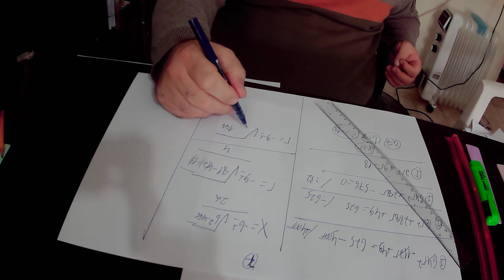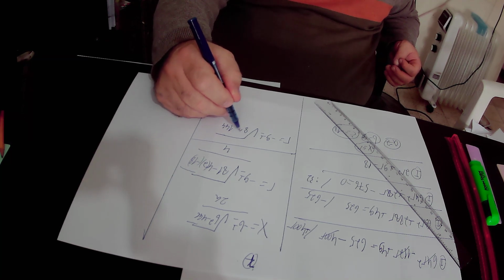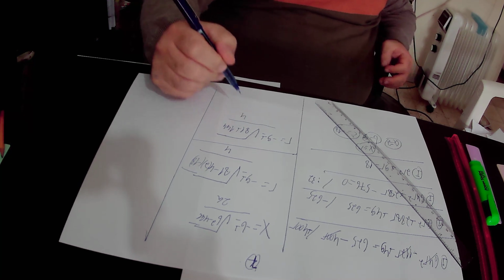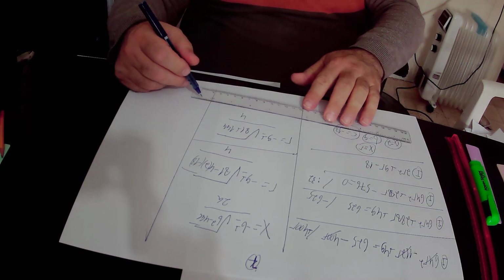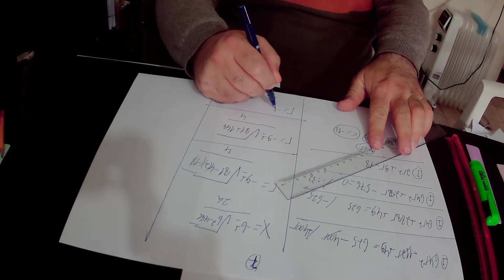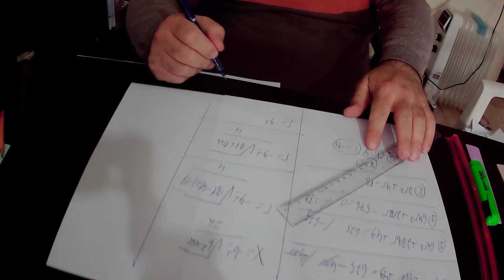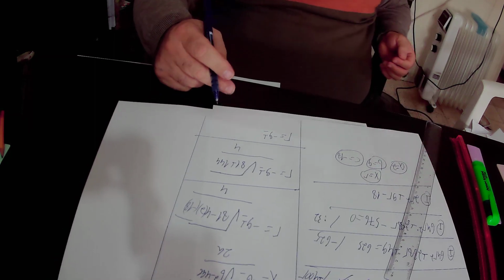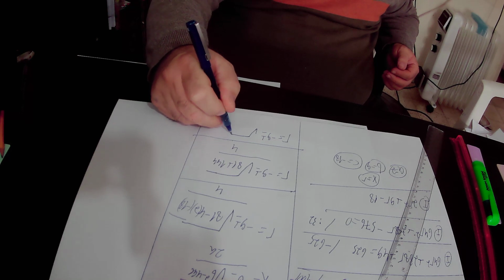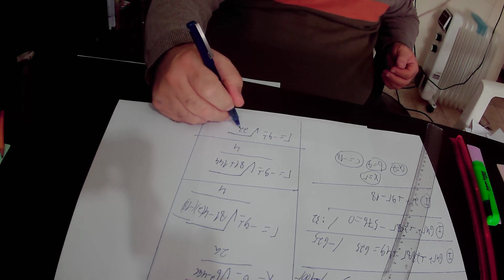So in conclusion, inside the root we have 81 plus 144, all divided by 4. 81 plus 144 is 225.